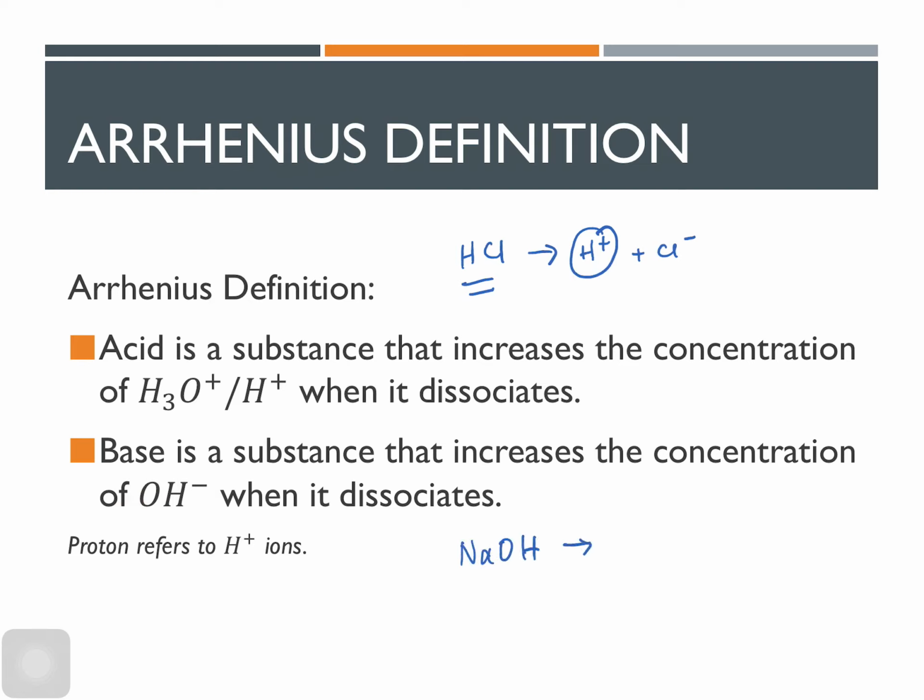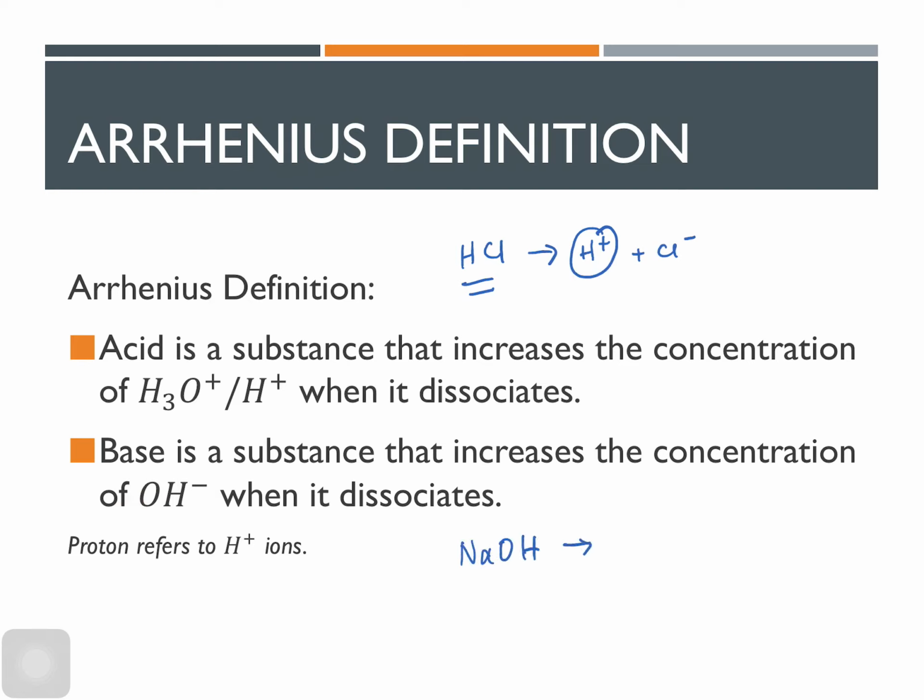Since sodium hydroxide is able to produce hydroxide ion, that means sodium hydroxide is a base. That's the fundamental idea. For Arrhenius, if your molecule produces H plus, that molecule is called an acid. If it produces OH or hydroxide, it is a base.